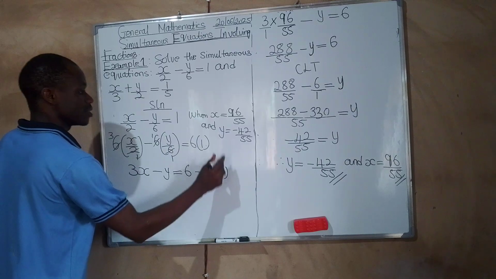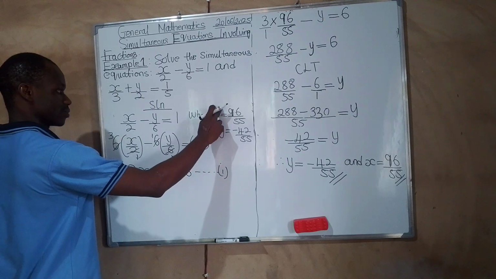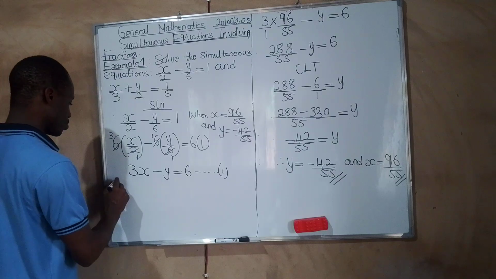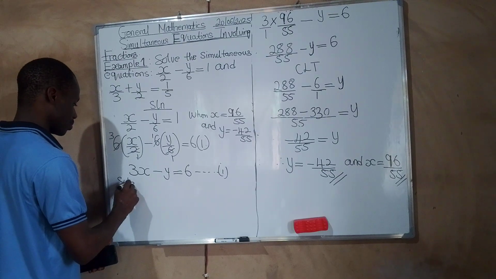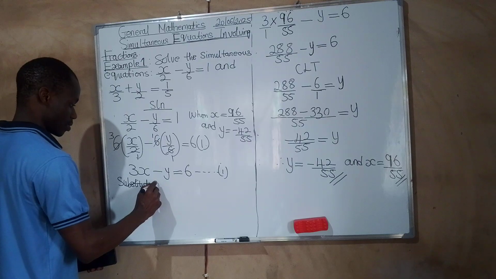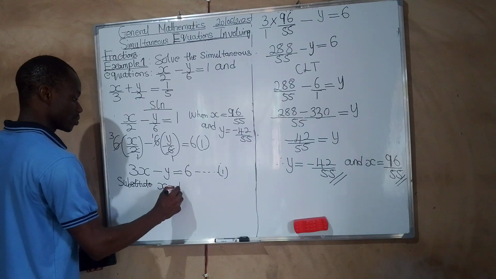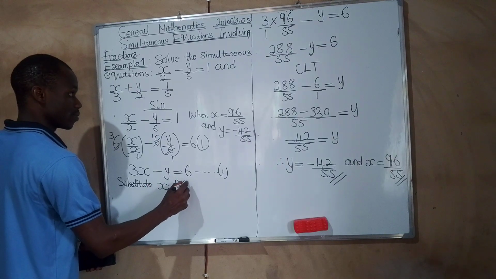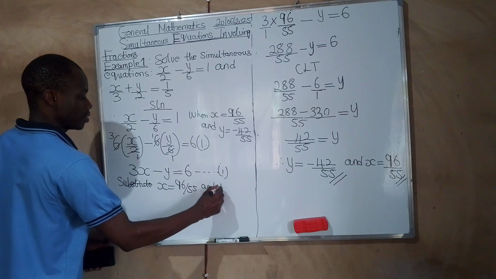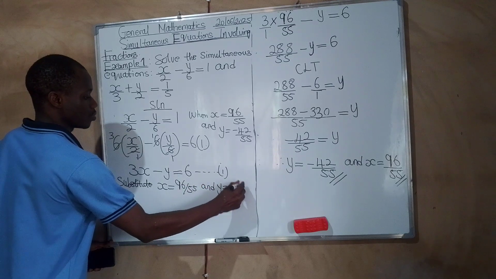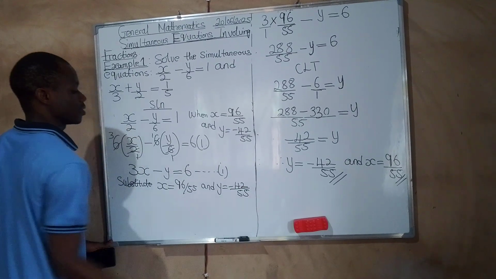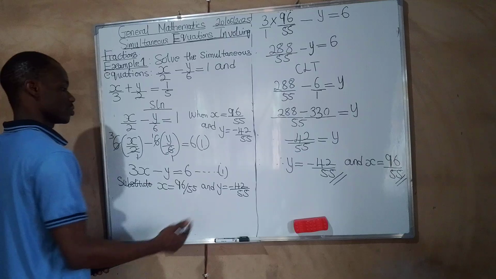Substitute for both x and y. So substitute x equals 96 over 55 and y equals minus 42 over 55 into the equation, right?